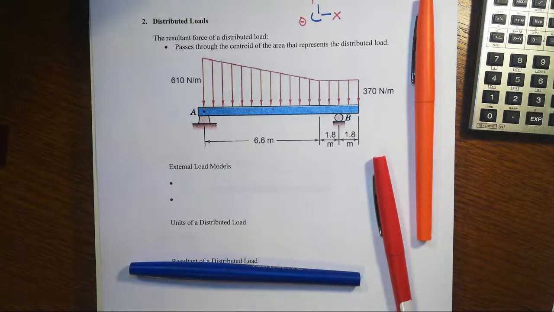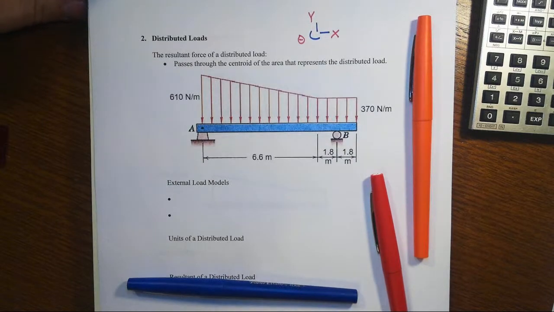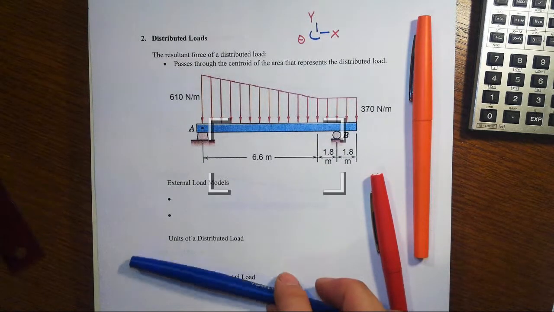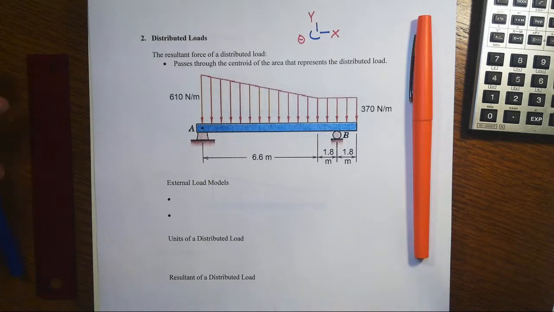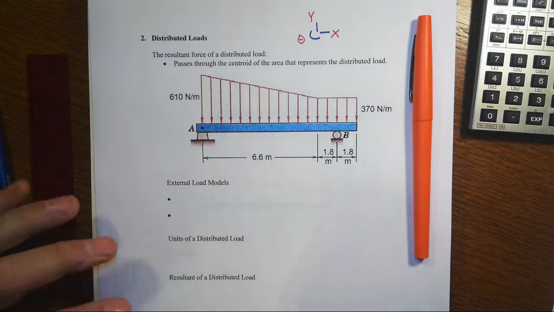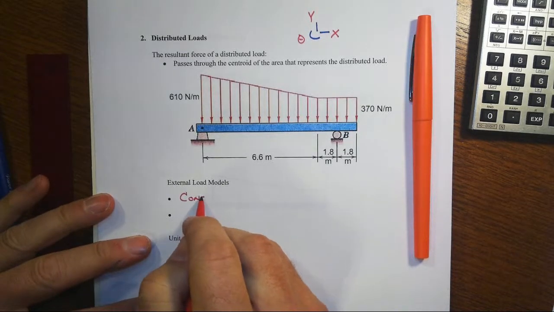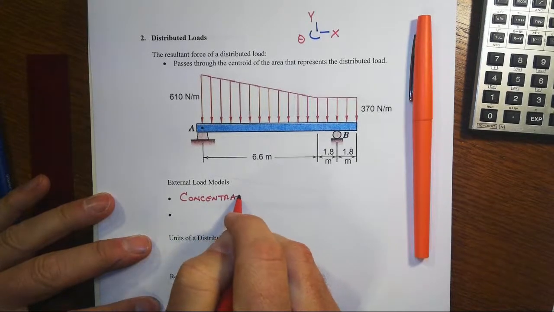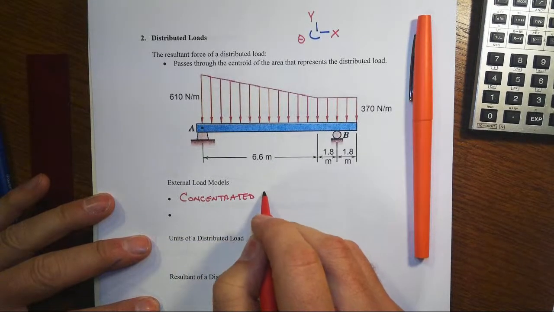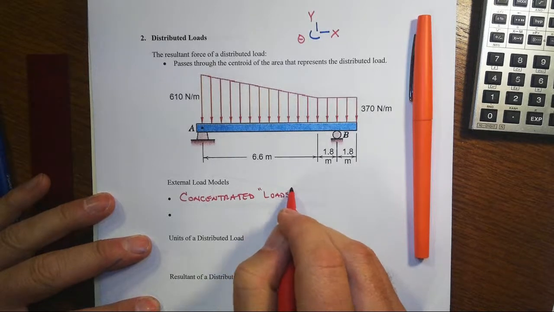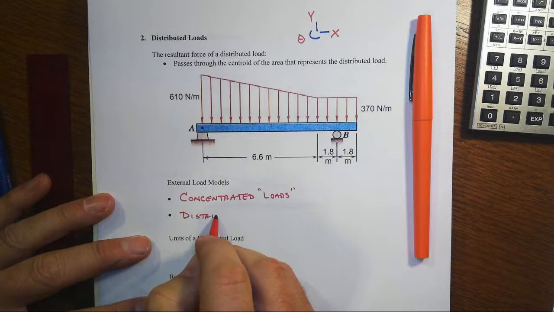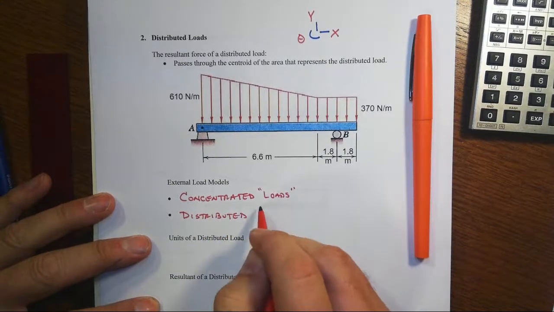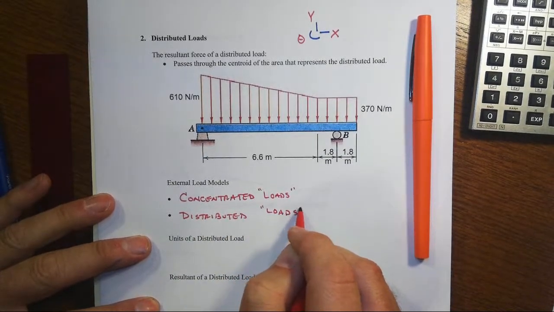Okay, so we have all kinds of different load models that we use in the study of structures. From an external load standpoint, they really boil down to a class of two different types: concentrated effects or concentrated loads, and loads that are spread out, or what we call distributed loads.